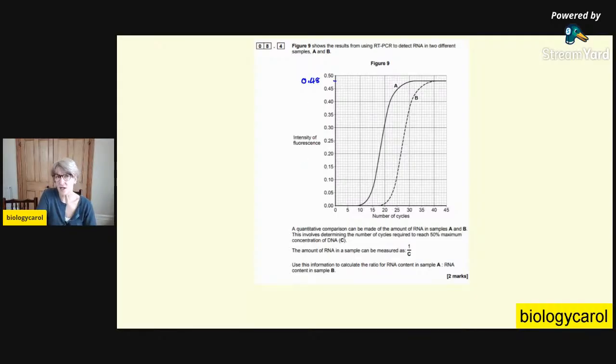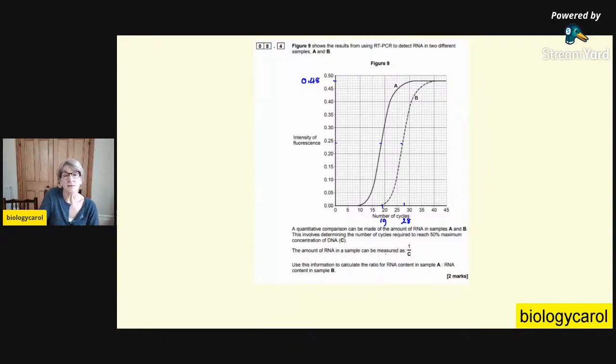So 50% of 0.48 is 0.24, which comes along here and gives me 19 cycles for A and 28 cycles for B. That's the number of cycles required to reach 50%, your C number.